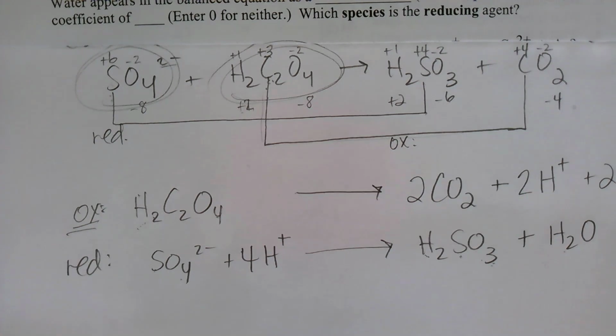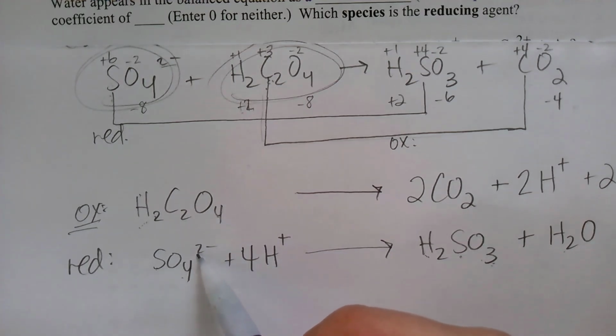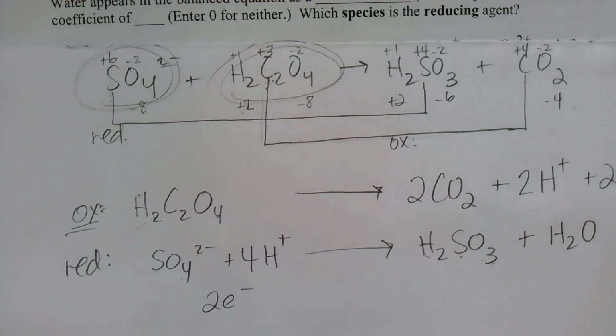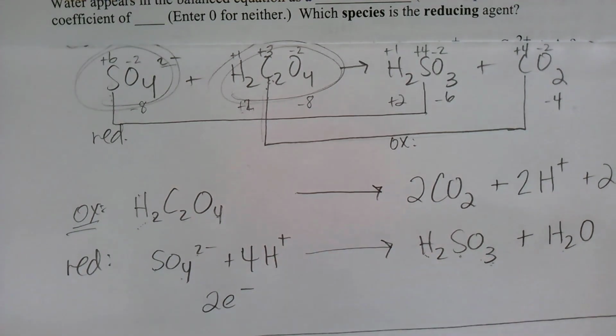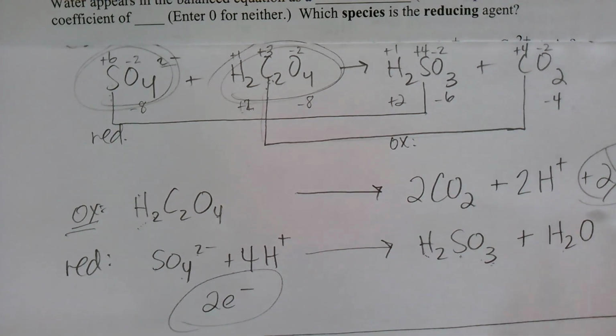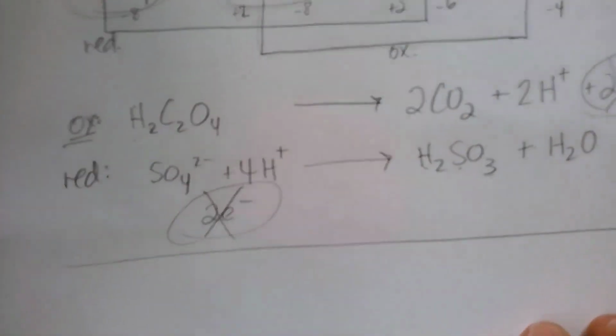So 4 H+ will be added. Now I need to balance charge. I am neutral on the right, so I need to be neutral on the left. I have 4 positives, a 2 negative, so I only need 2 electrons on the left, which is great because when I add all of this together, 2 electrons on the left, 2 electrons on the right. Good, let's bring everything down.